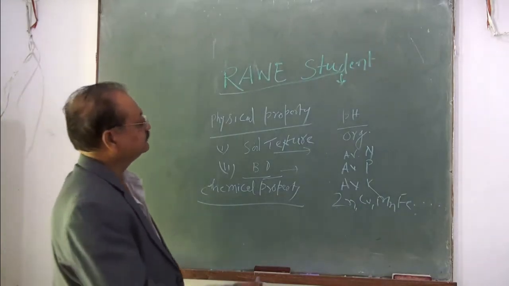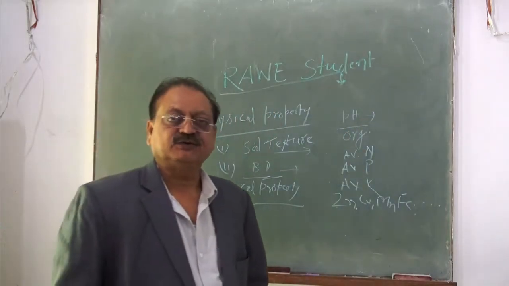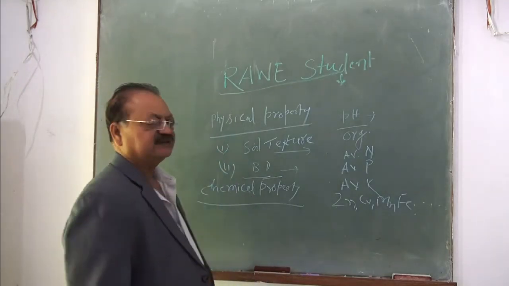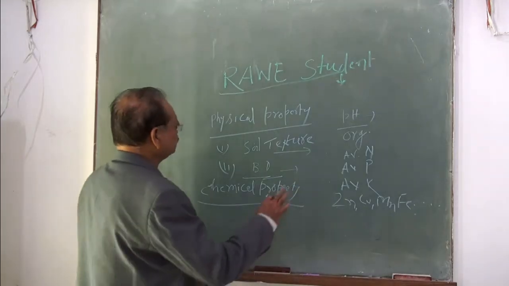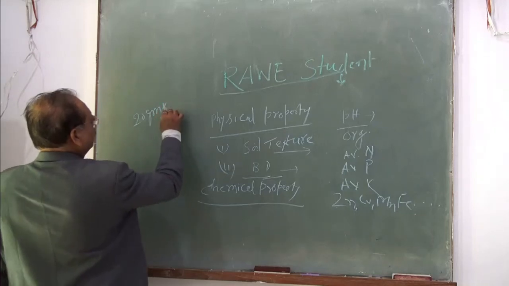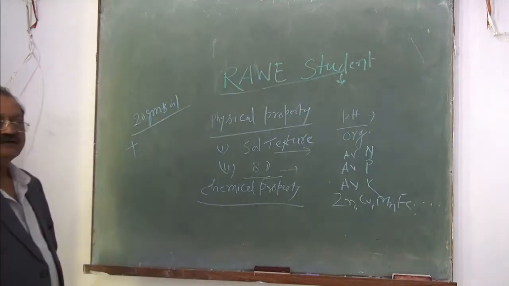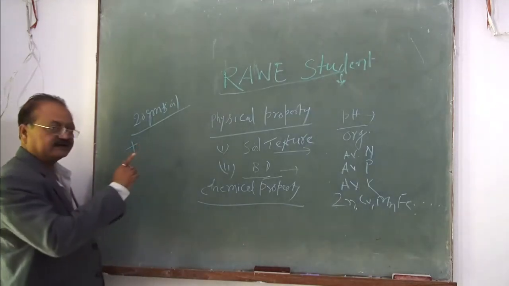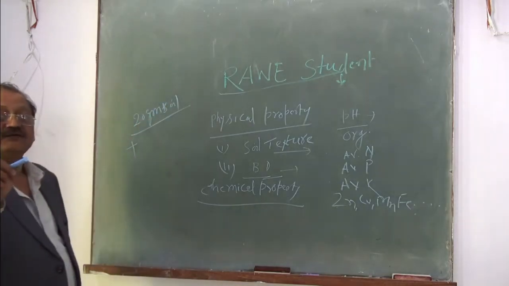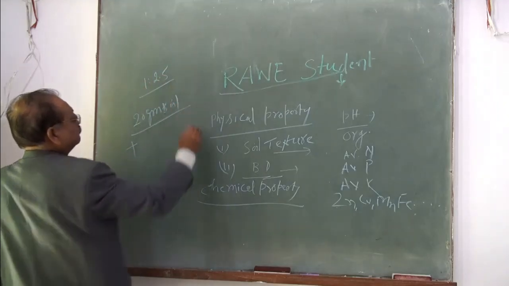So, my dear students, in case of pH, the pH of the soil is very important to know the nature of the soil. For pH, you only take 20 gram soil, and the ratio of soil to water will be 1:2.5.